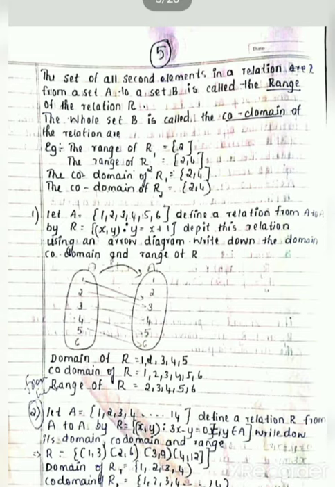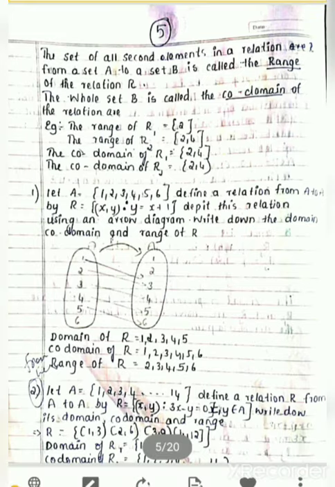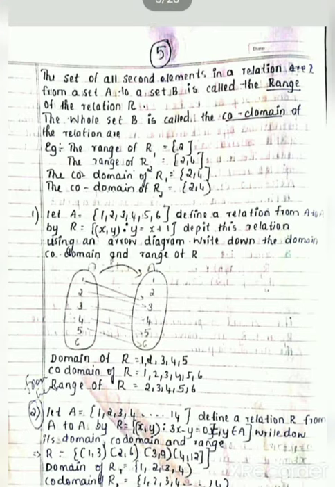Domain is the set of all first elements of a relation. What is this relation now? If you find it difficult, you can write it as ordered pairs: (1, 2), (2, 3), (3, 4), (4, 5), (5, 6).